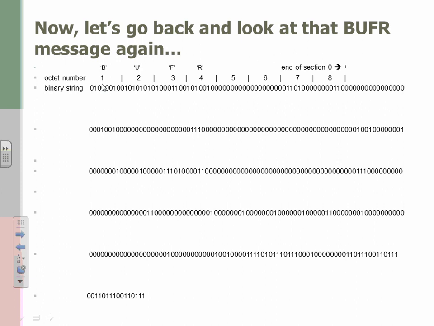As I said before, it's always starting with buffer. So 1, 2, 3, 4 is the ASCII of buffer. And then the length of the message, and the 8th one is the edition number. In this case, it's 4.